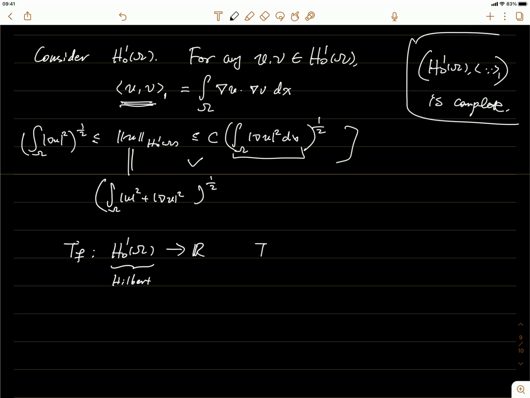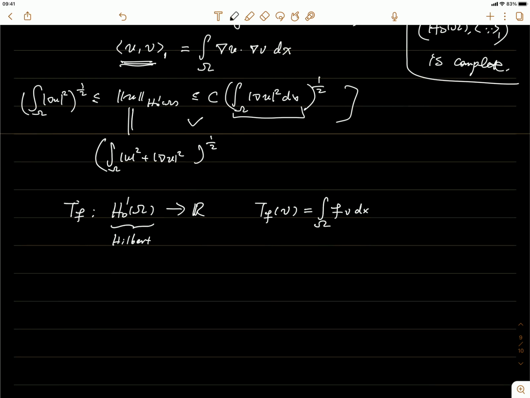How is this defined? For any v in the H01 space, we define it simply as the integral of f times v dx. Now you can see this T_f is linear. Apparently it's linear, right? Because T_f of alpha 1 v1 plus alpha 2 v2 is equal to alpha 1 T_f v1 plus alpha 2 T_f v2.